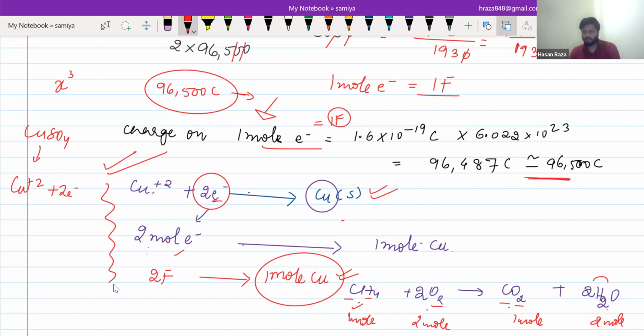Nadia, did you get the answer? 1 mole of Cu is equal to how much mass? Samia, if you are done with this, please calculate the mass of 1 mole of Cu.